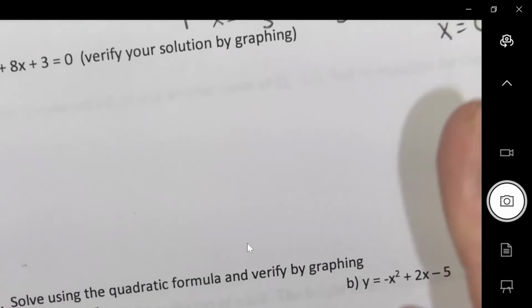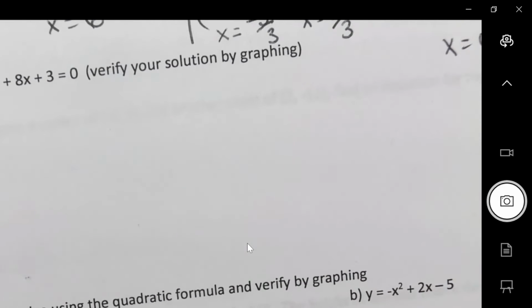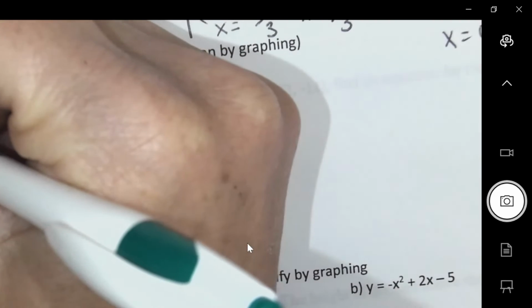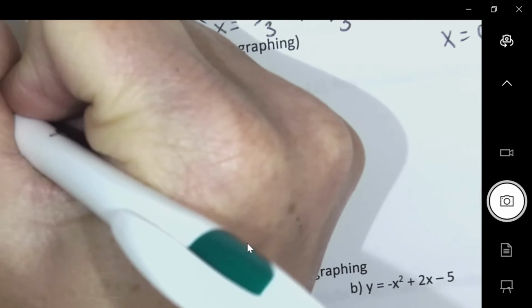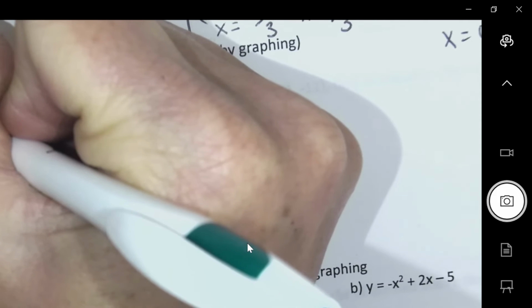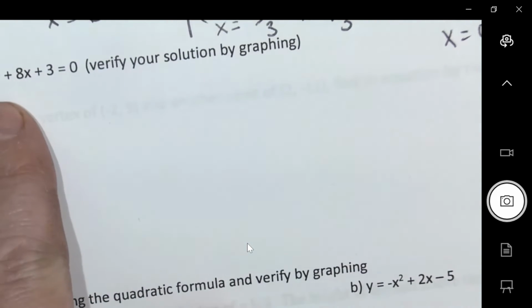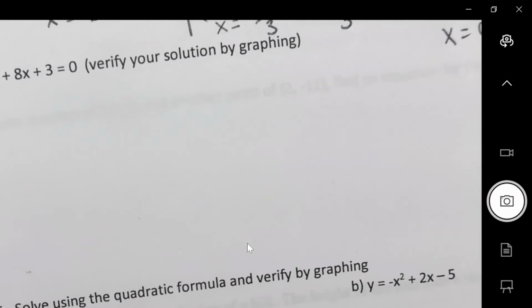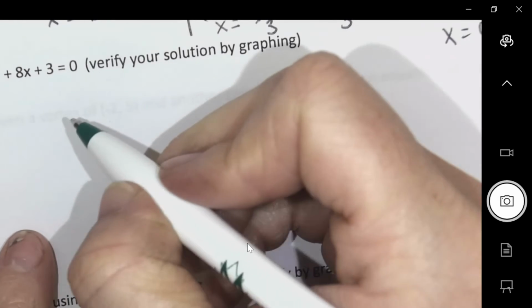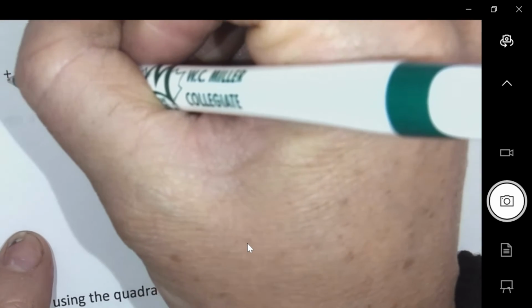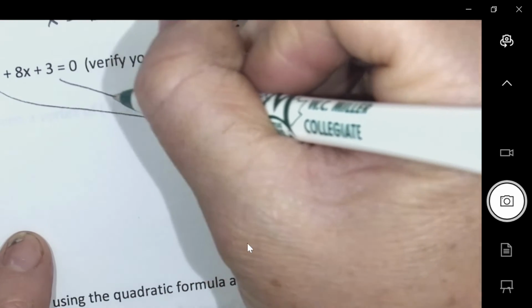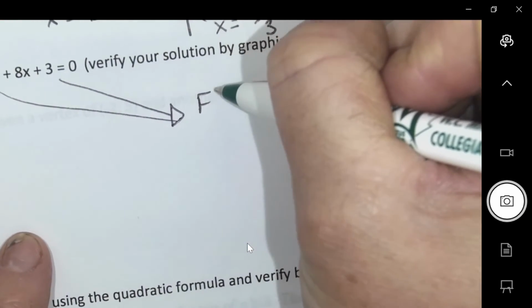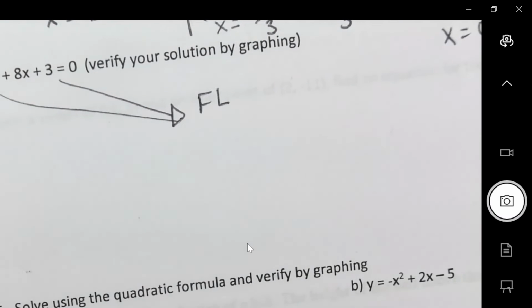Okay, number 4D. This one is called a complex trinomial. And it's complex because it starts with a 4x squared. The last one was just a 1x squared. So this is what we did.